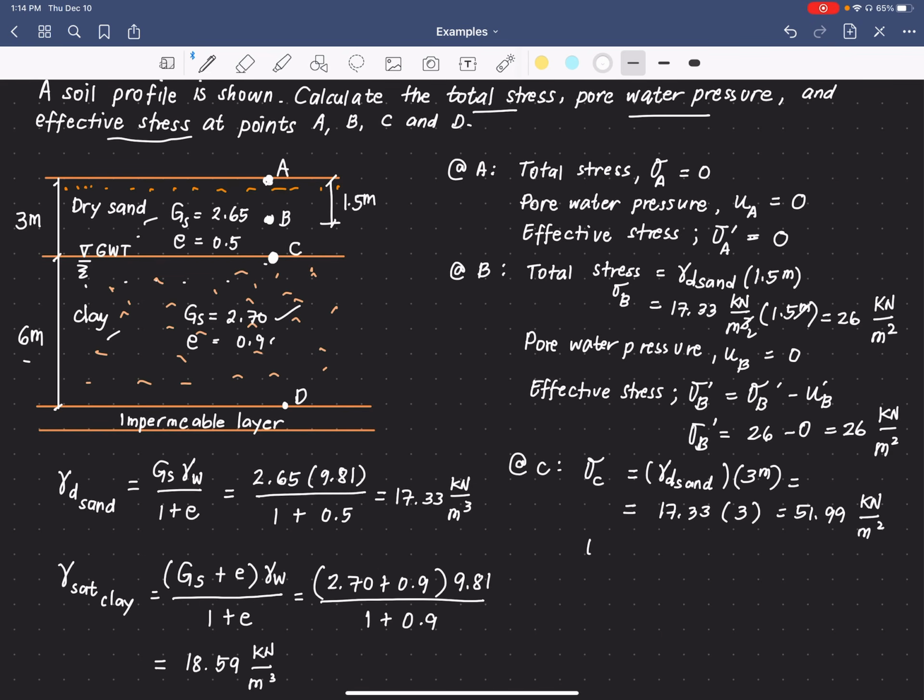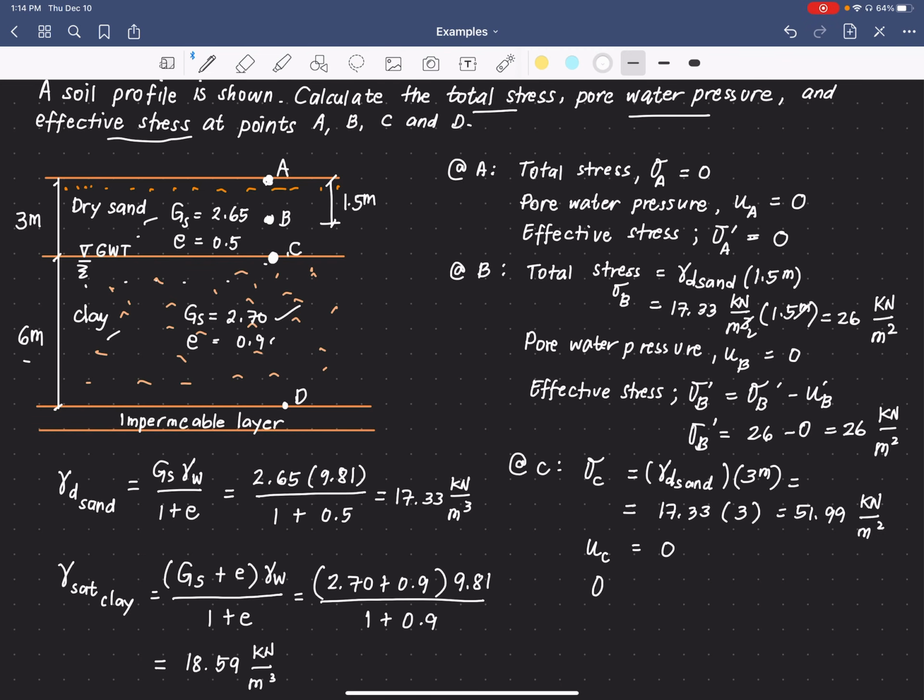Then the pore water pressure at C, since there is still no pressure at point C, because we don't consider capillary rise at this point, the pore water pressure at point C would still be equal to 0.